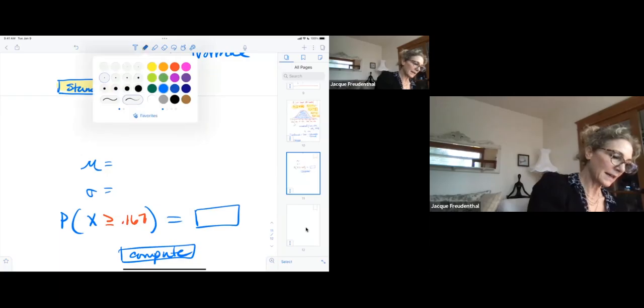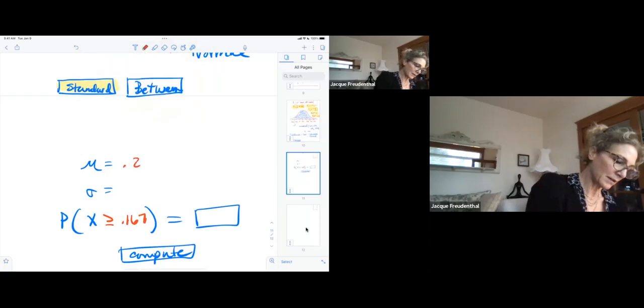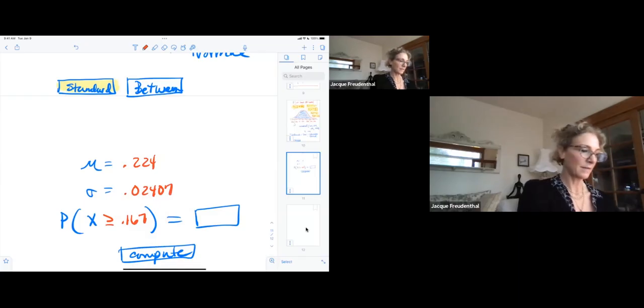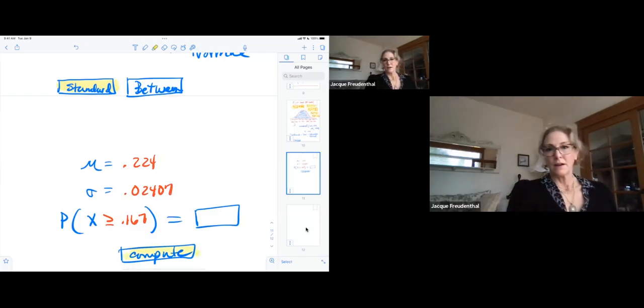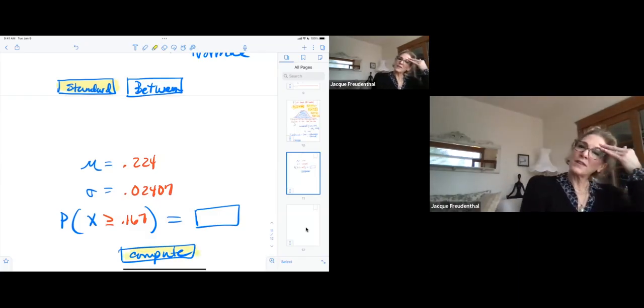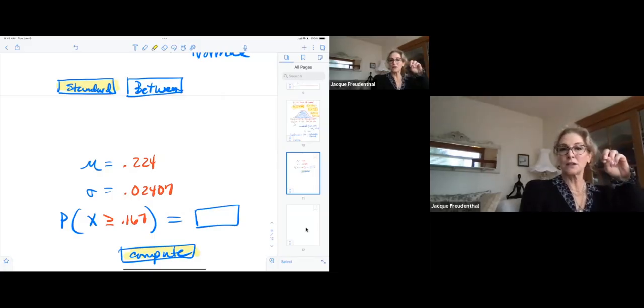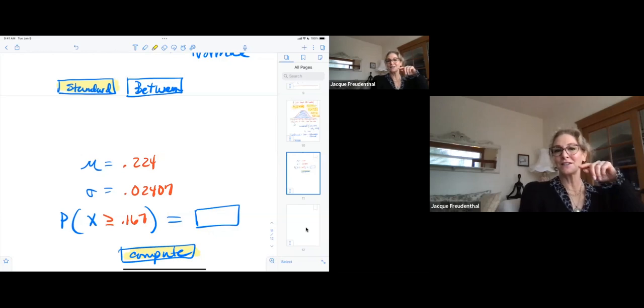And I didn't fill these in yet, but 0.224 was the mean, and 0.02407 was the standard deviation. Okay, so one thing I don't like about StatCrunch, but I also like about it at the same time, is that you have to understand what the mean and the standard deviation you're looking for.